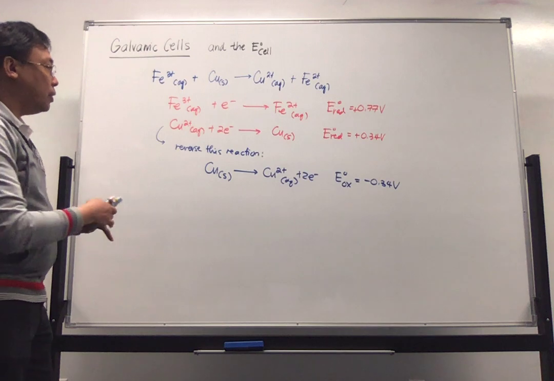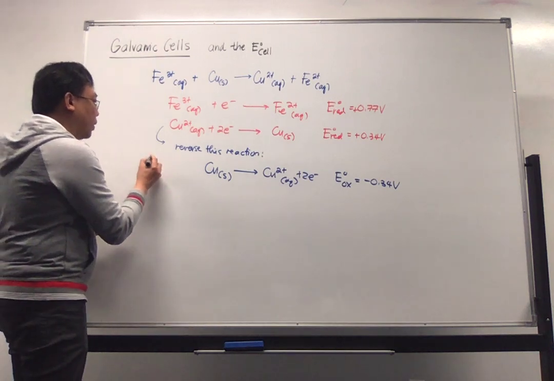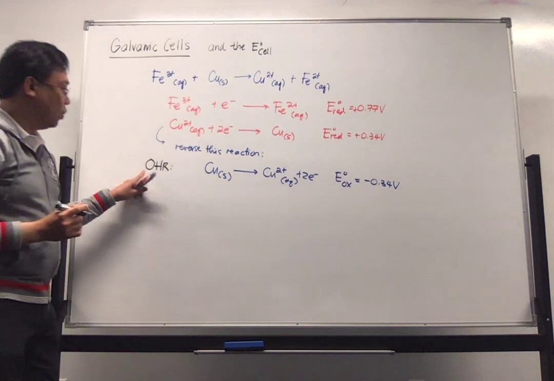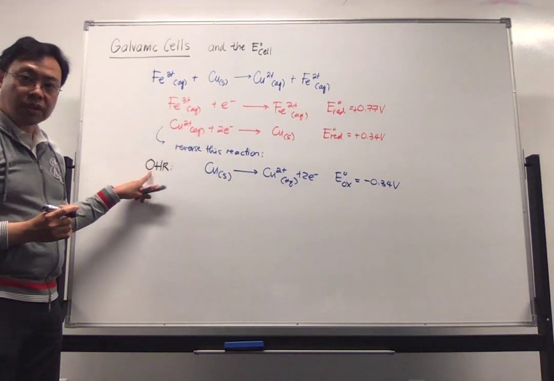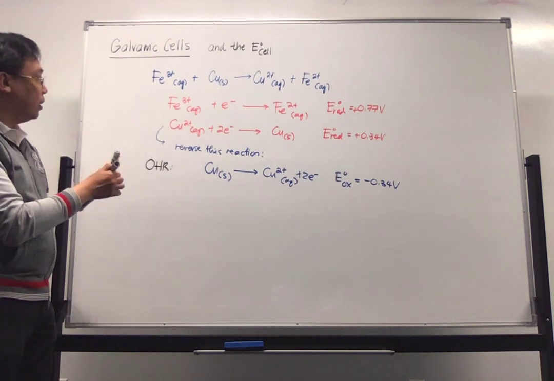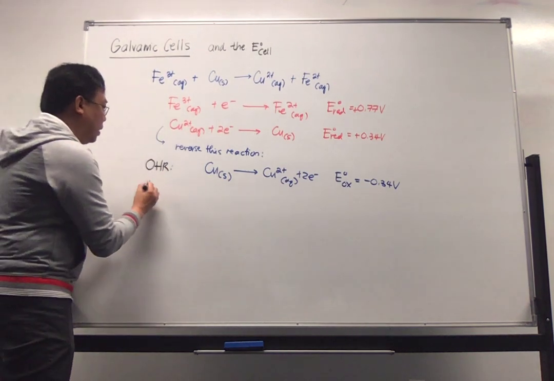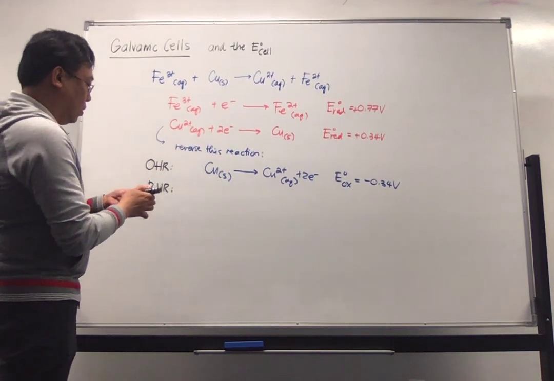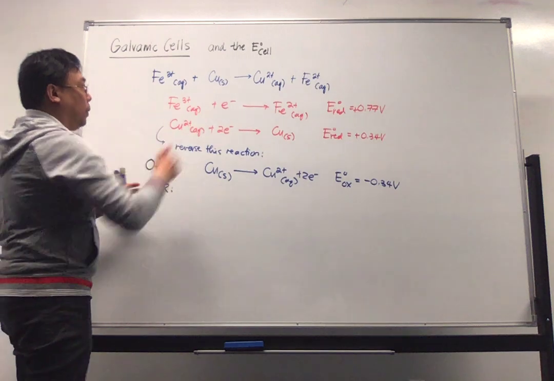Now, we will be labeling this as our oxidation half reaction. OHR stands for oxidation half reaction. And therefore, the other one who wins in the battle earlier, if you remember, we will be labeling that as our reduction half reaction. So nothing has changed there. I'm just copying this.